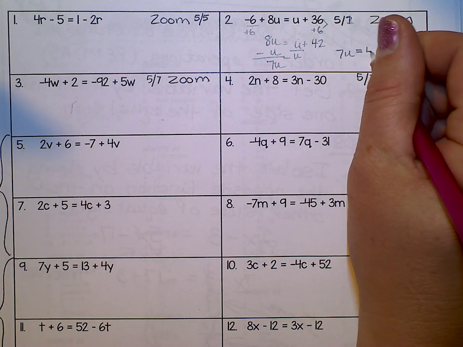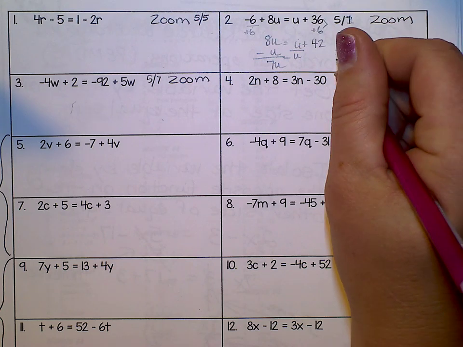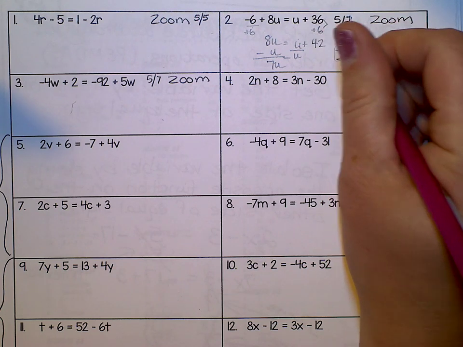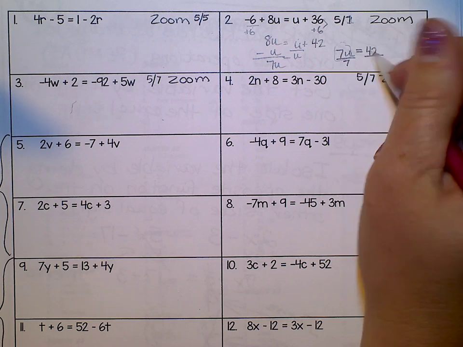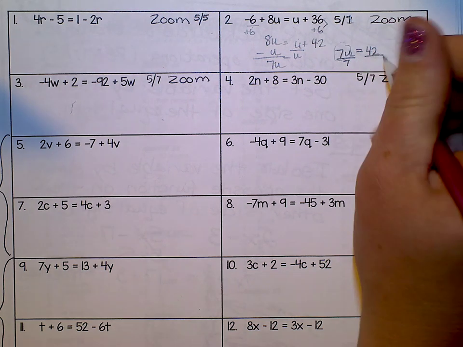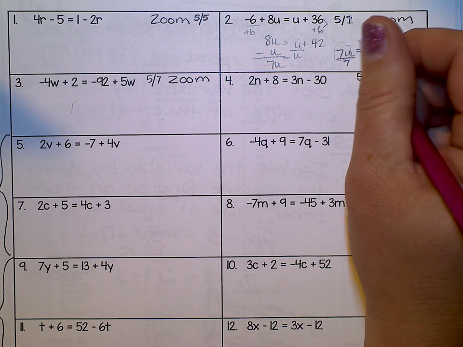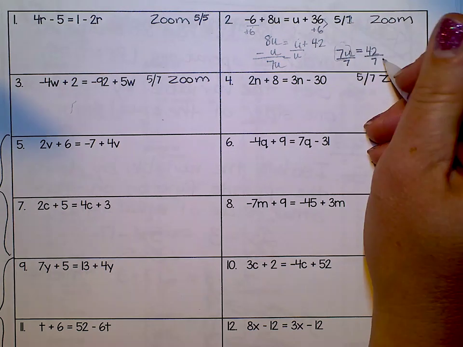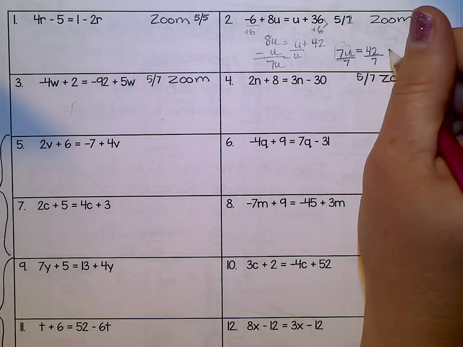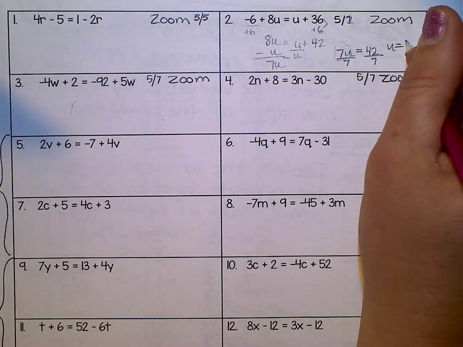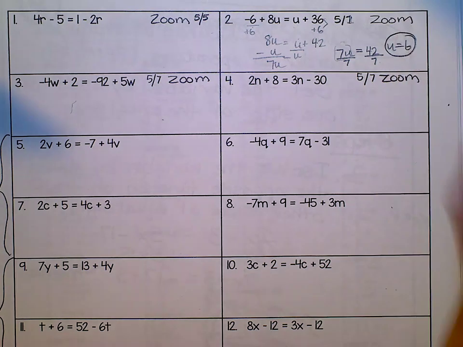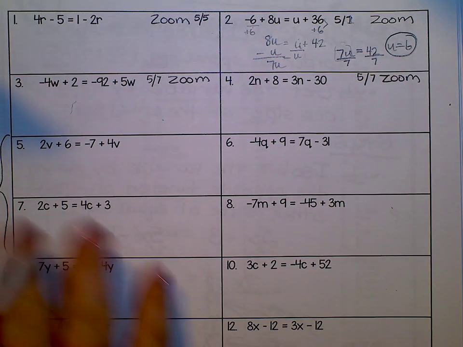Equals 42. So now we're going to divide, because in order to separate that, we're going to take the 7 out of the equation to figure out what u would be equal to. And so we're going to take the 7 divided by 7. A positive divided by a positive gets us a positive, so we have u equals 6. There we go. Next.